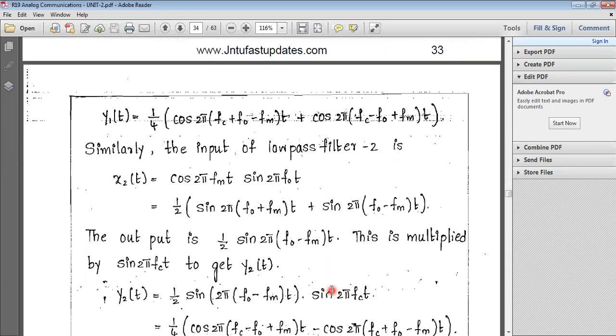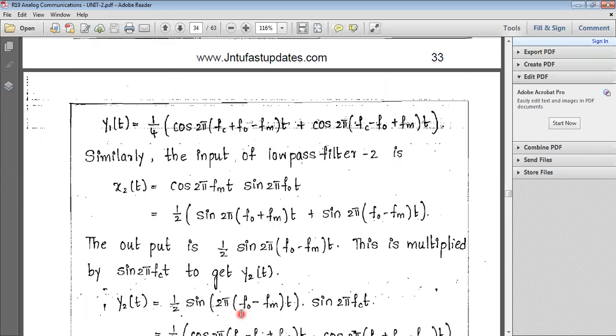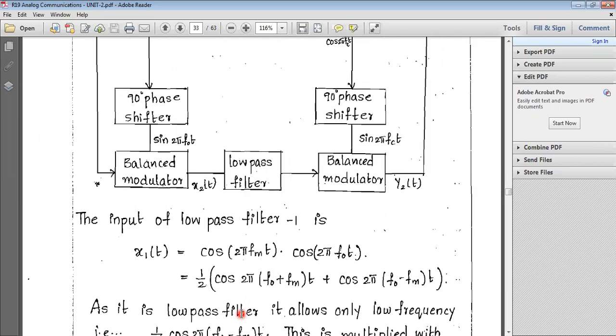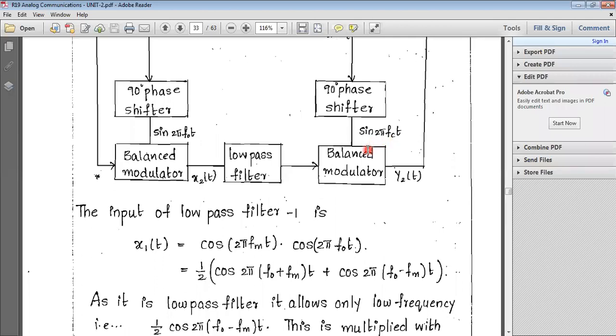Now, again this is multiplied with sine 2 pi fct, because here we apply x2 of t and sine 2 pi fct to the balanced modulator. So the balanced modulator generates the product of two signals, that is this lower frequency signal and sine 2 pi fct.